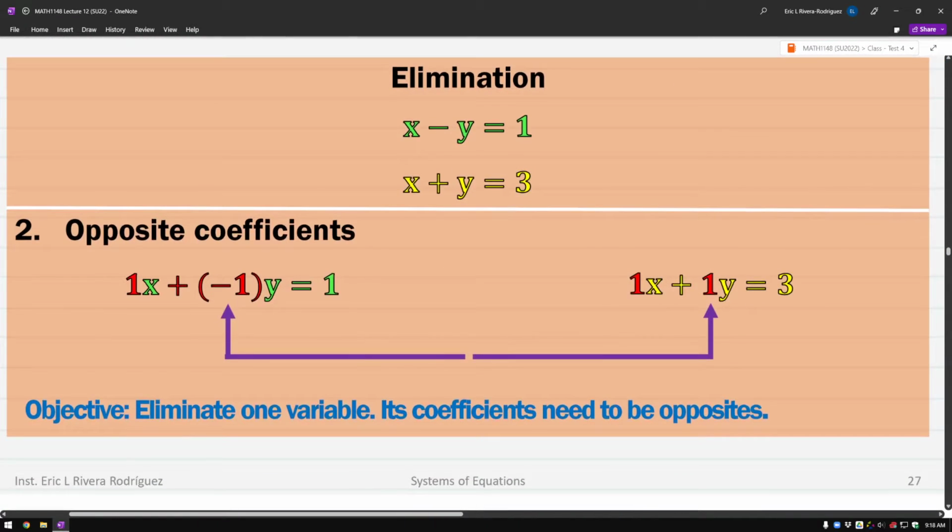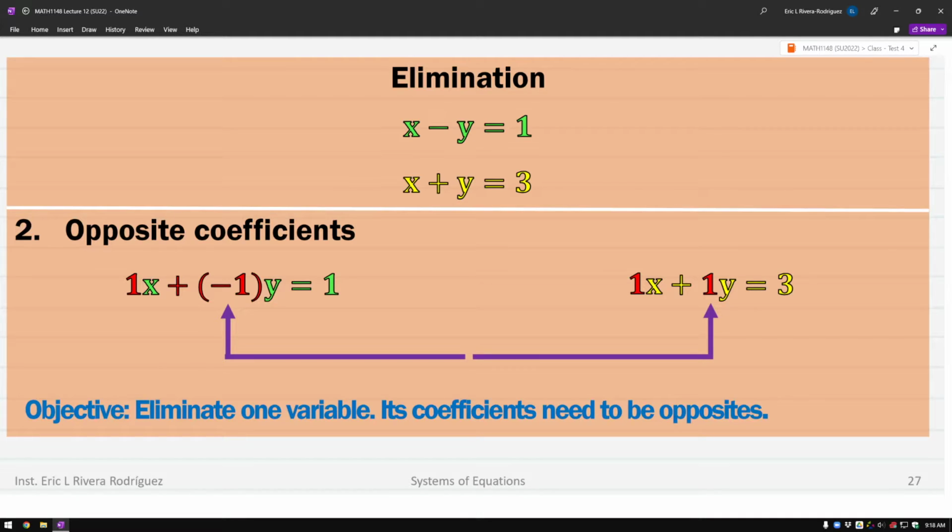So what we need to identify is that, in order to eliminate one variable, we need to have opposite coefficients. And that's what we have here: opposite coefficients in like terms. For example, the term with x. In both equations, its coefficient is 1.